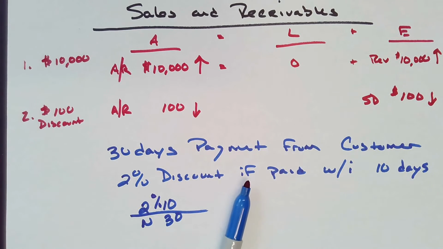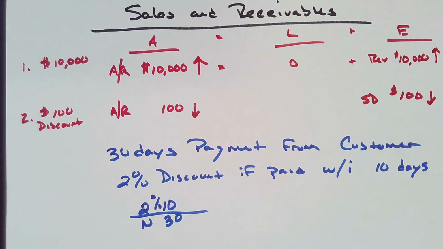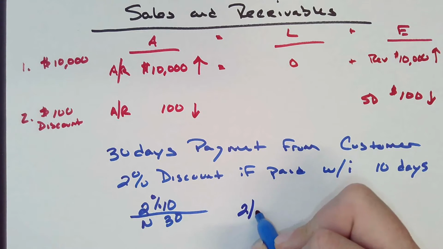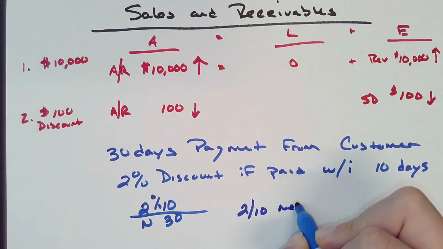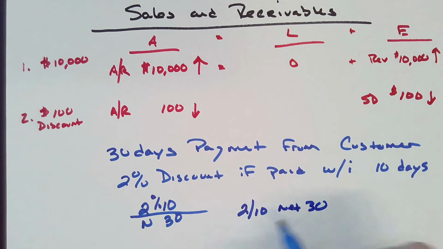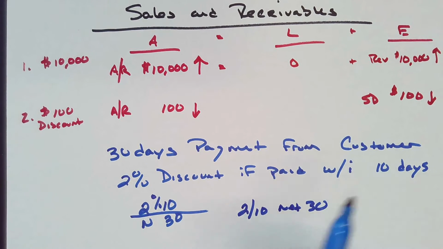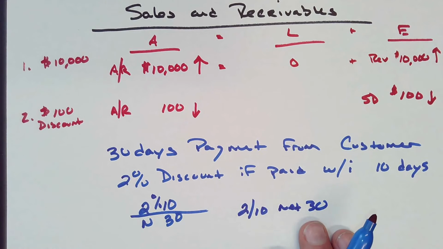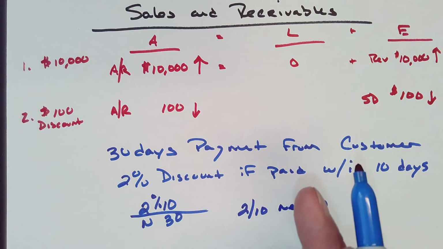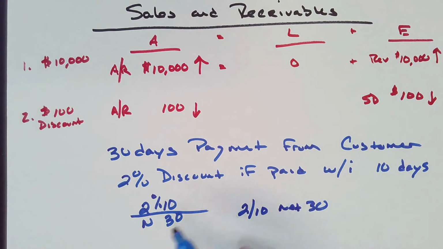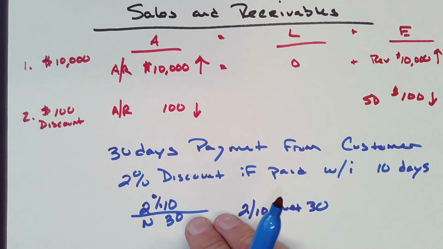Another way of looking at it, it's usually 2/10, net 30. Something like that. Just something to describe that if you pay me within 10 days, you get a 2% discount. Otherwise, you pay me net 30. One or the other. Again, it doesn't really matter, right? These are just terms in the contract, terms on the invoice.